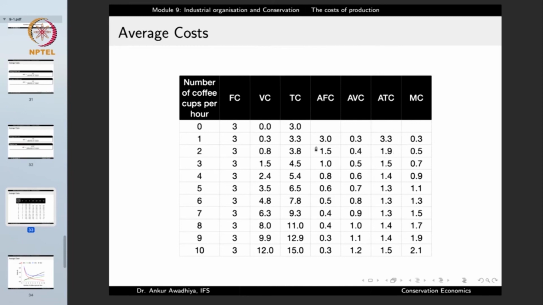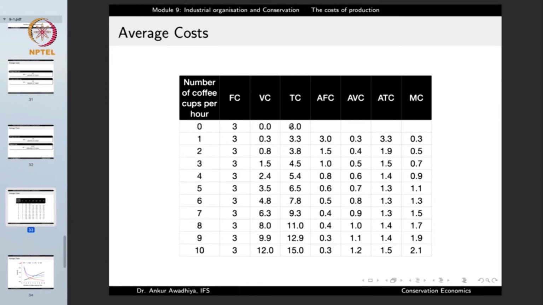Marginal cost is the increase in the total cost divided by the increase in the number of cups of coffee. So for each additional cup of coffee, what is the cost involved? Here we can find out the marginal cost by subtracting the value in the previous row from the value in this row.